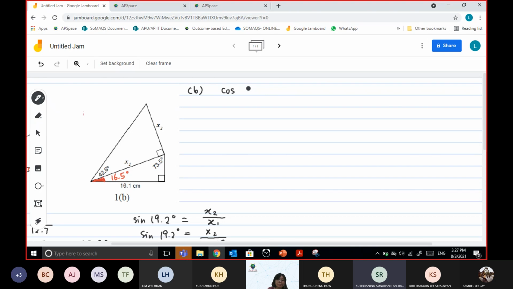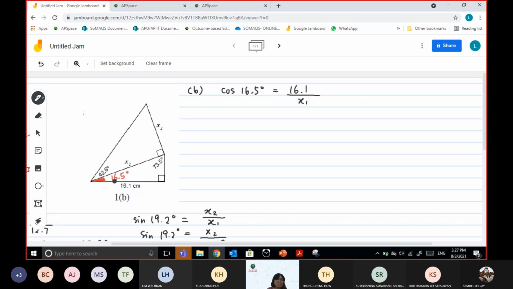Cos of 16.5 equals 16.1 over x1. So cosine of 16.5 is the adjacent 16.1 divided by the hypotenuse x1.